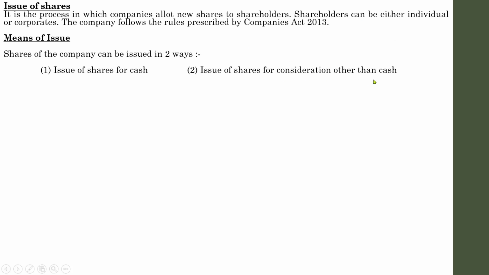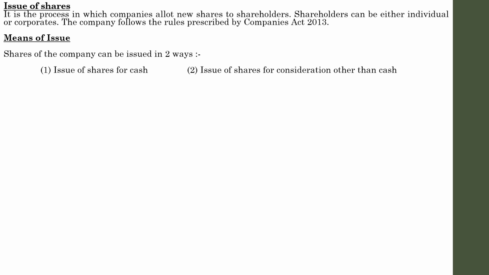Issue of shares for consideration other than cash means sometimes the company may raise capital by issue of shares and the payment is made in the form of assets. For example, if I am issuing 1 lakh rupees of shares to the public, and a subscriber is willing to buy the 1 lakh rupees of shares, instead of paying cash, he is going to exchange it for an asset valuing rupees 1 lakh that belongs to him.